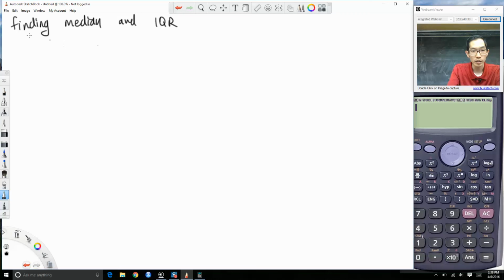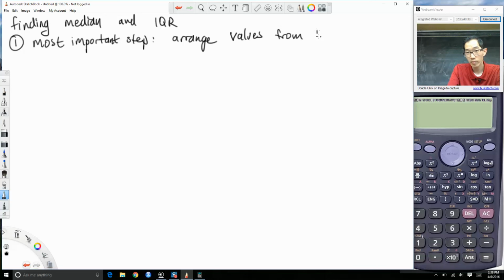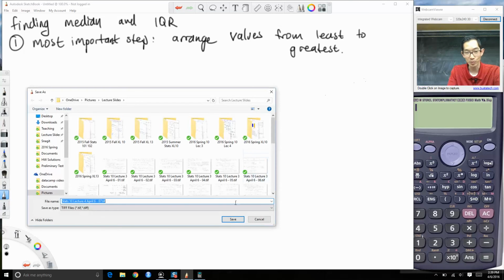Step 1, this is the most important step: arrange the values from least to greatest. If you don't do this step, you will be in trouble because all of your numbers will be wrong.